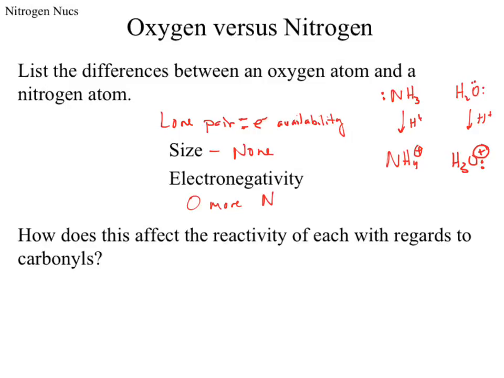We get two different answers floating out at the same time. How do we evaluate? What is the definition of a base? Donates electrons. Do they both have electrons to donate? Is there a difference in size? So it's electronegativity. How is the electronegativity going to affect the base strength? What is the definition of electronegativity? The ability to hold electrons. Oxygen being more electronegative will be less basic than nitrogen. What about nucleophilicity?